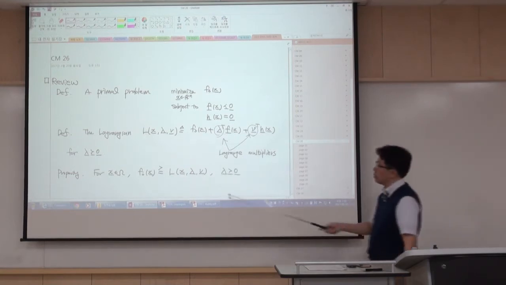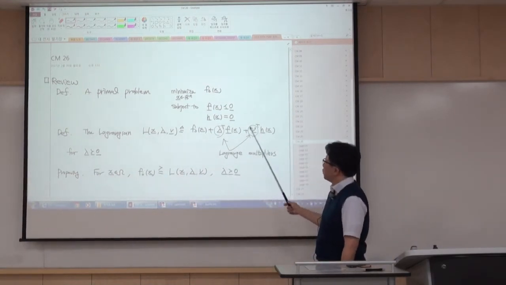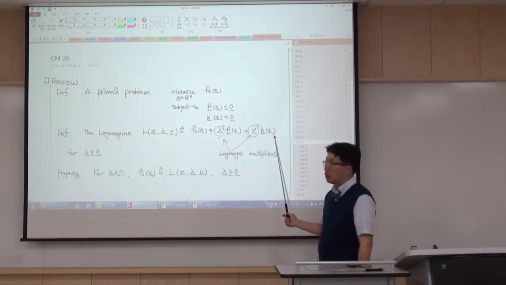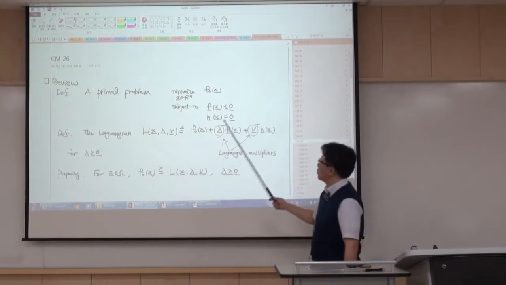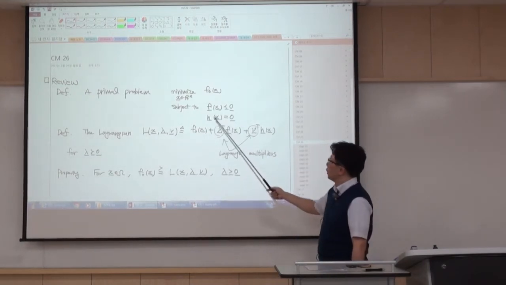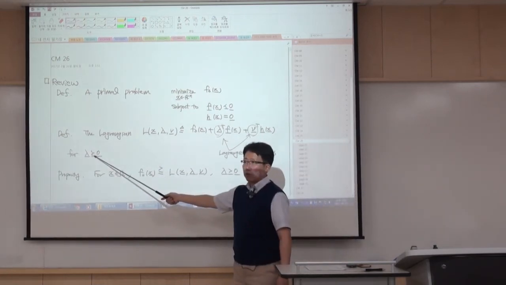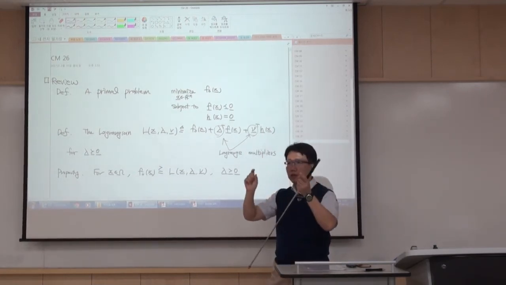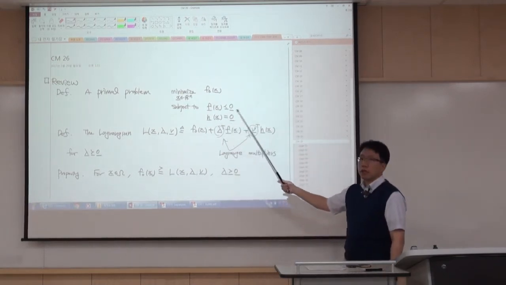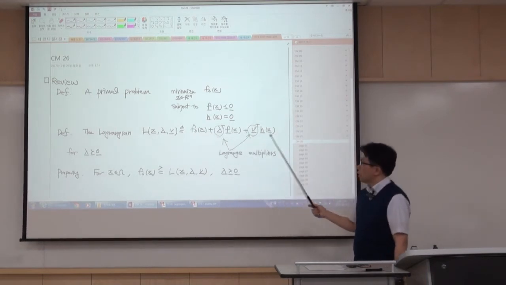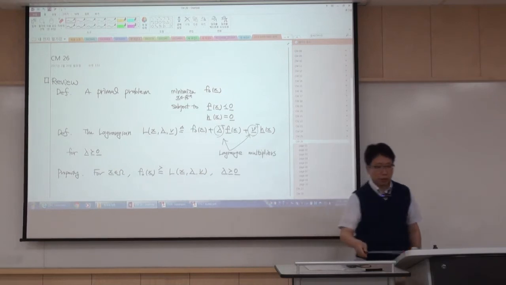Why does this hold for x feasible? Because this is 0, due to this constraint. x feasible means h is the 0 vector, but f is less than or equal to 0, and lambda is greater than or equal to 0, entry by entry. So if we inner product them, we still have a non-negative value. So the right hand side is less than f0 of x. So we have this lower bound property.